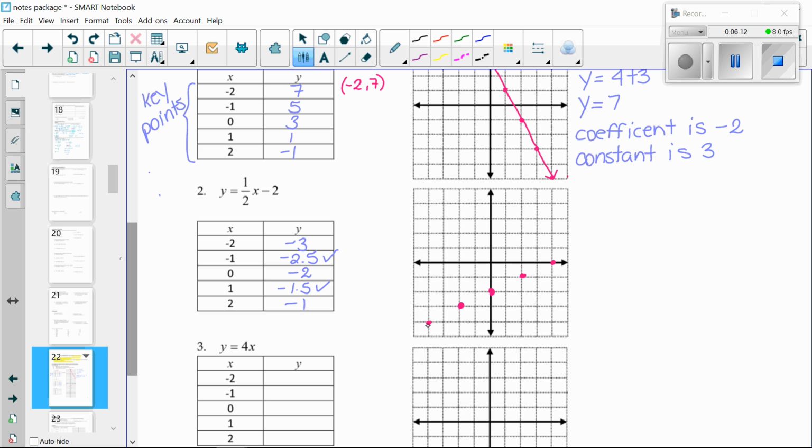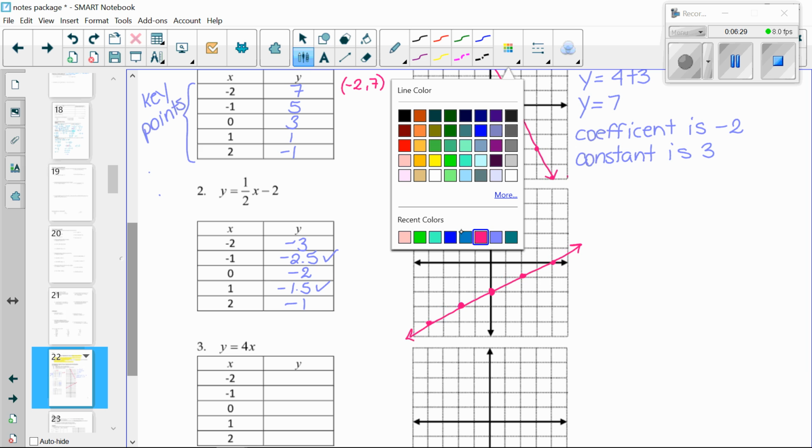So you do not want to just connect the dots and be done. You definitely want to extend your graphs. When you're extending your graphs, you want to extend them so you have any x-intercepts and any y-intercepts included. Okay?